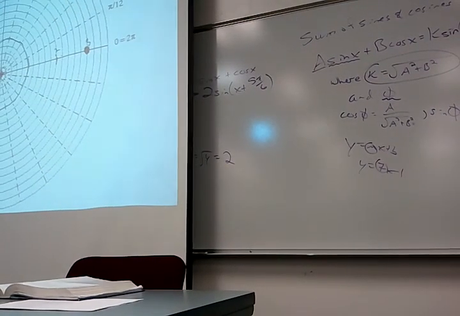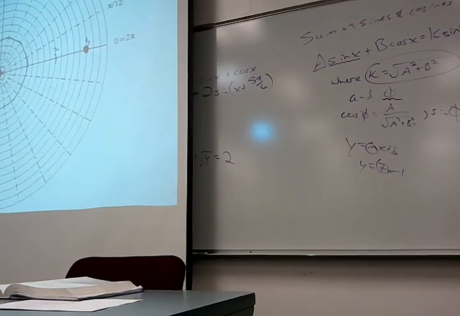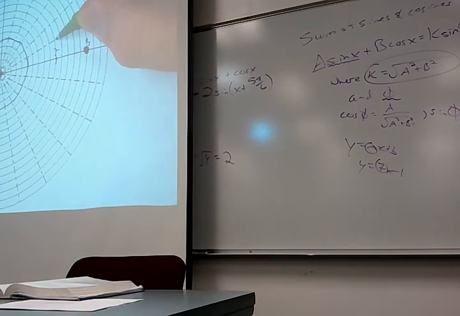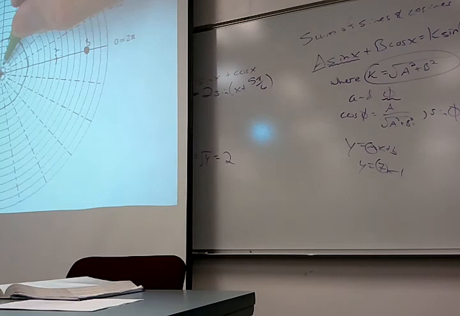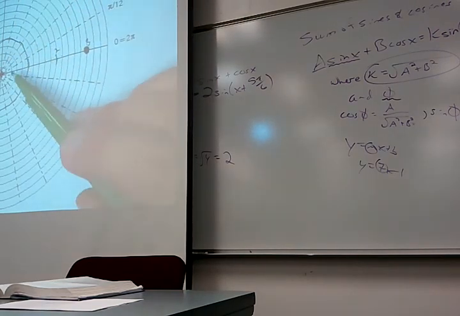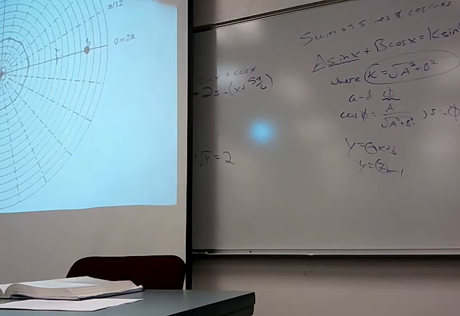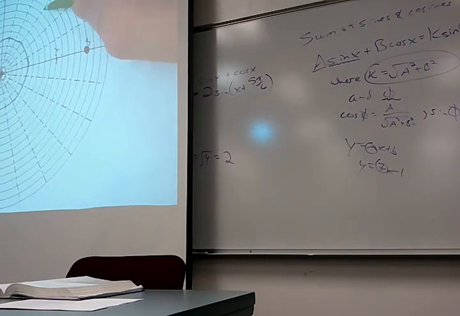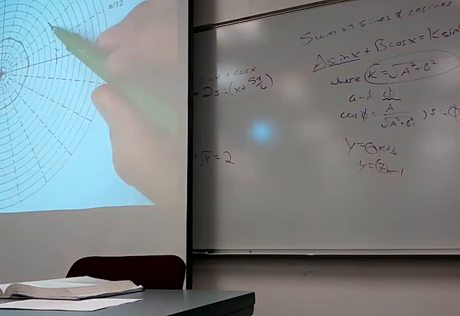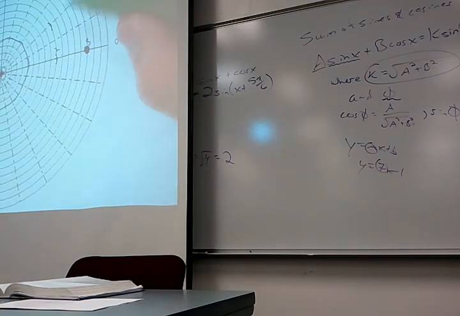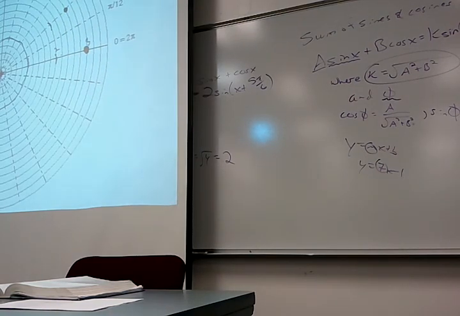And we've done this in terms of 5 for 1, so every 1 is 0.2. So here's pi over 6. Then I want to go out 1, 2. There's 2. 0.2, 0.4, 0.6. There's 2.6. How are we doing?